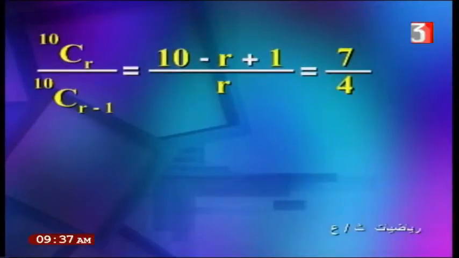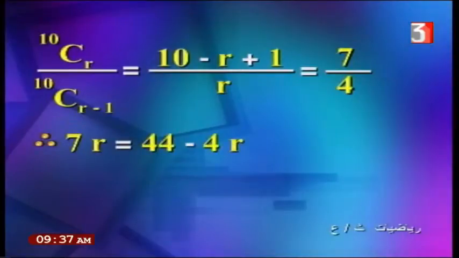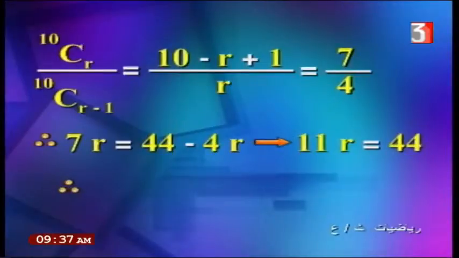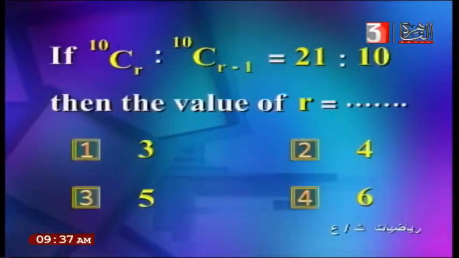By using cross multiplication, 7R equals 44 minus 4R. Therefore, 11R equals 44, R equals 4. Therefore, the correct answer is R equals 4.